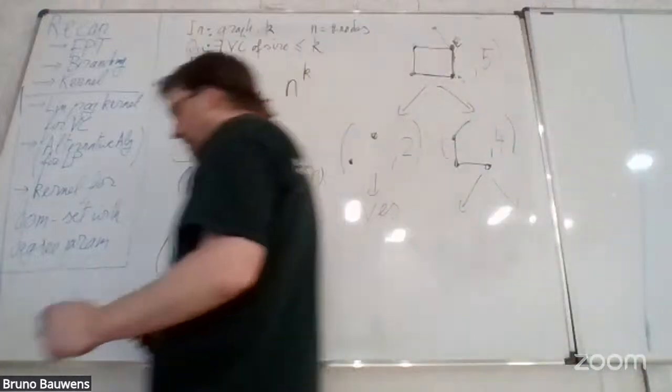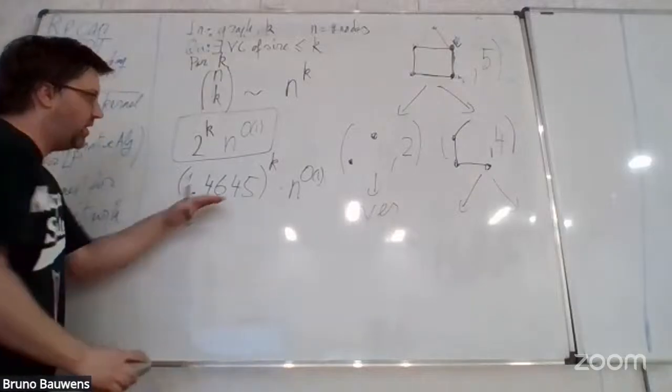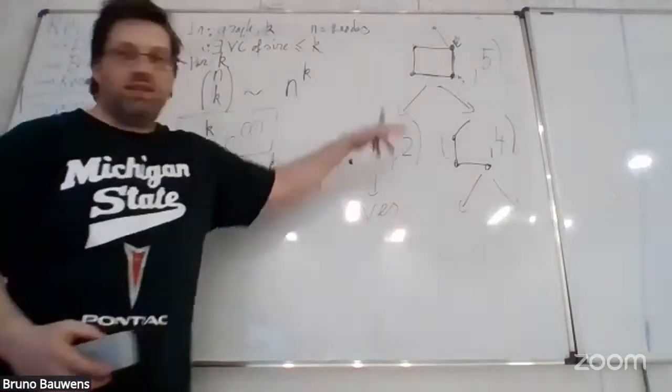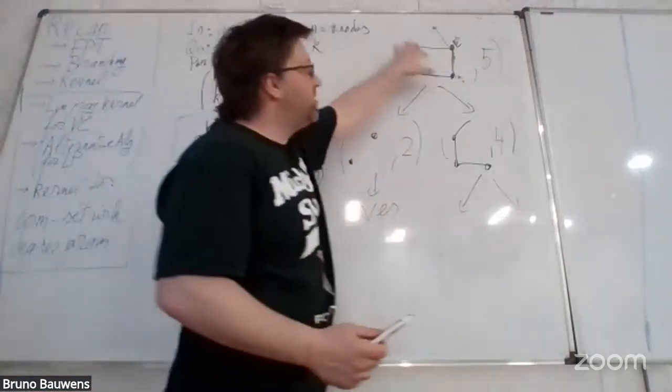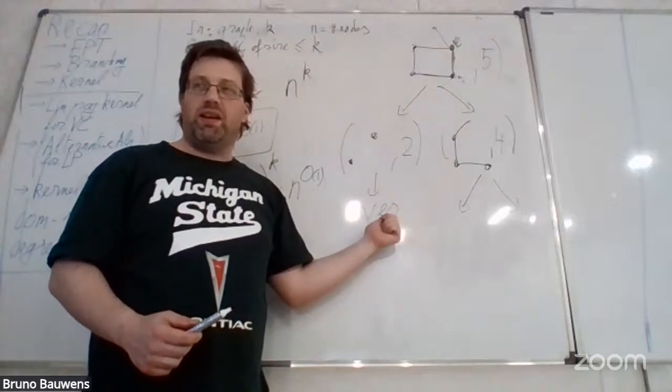Okay. Now let us verify. How did we get this number? How did we verify the size? Here we need to bound the size of the recursion tree with something better than 2 to the power k.